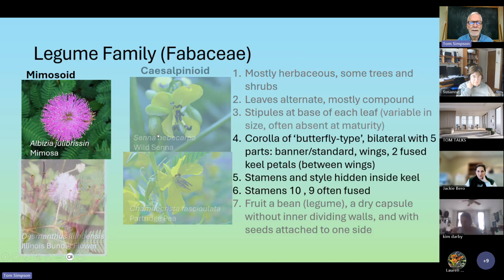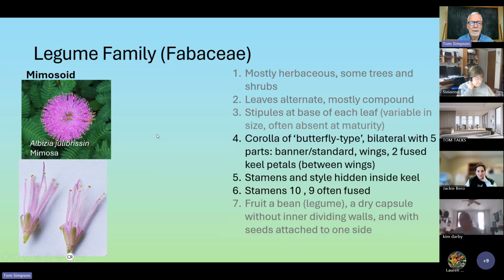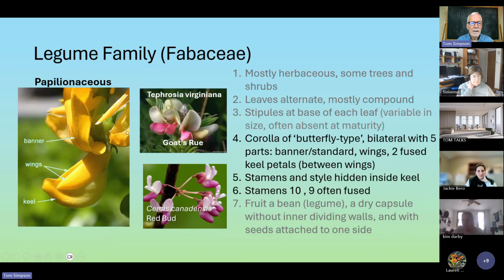But let's go back and talk more about these papilionaceous flowers. You can see that they have 5 petals. They have the standard or banner that sticks up, the wings that stick out to either side, and then a keel, which is 2 petals fused together like the keel of a boat.